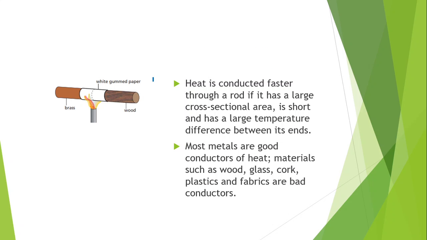Now this is another experiment that we are going to see of how it conducts heat. Heat is conducted faster through a rod if it has a larger cross-section area, is short, and has a larger temperature difference between its ends.